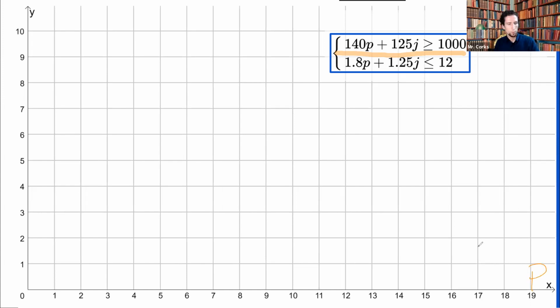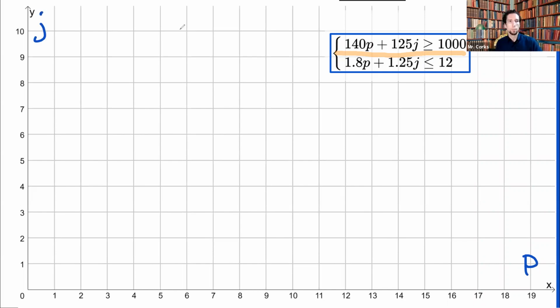So let's say we're going to, sorry to interrupt you, but we need to label our axes carefully here. P instead of X, why can I not choose the right tool? P instead of X here, and then we'll have J instead of Y up here.